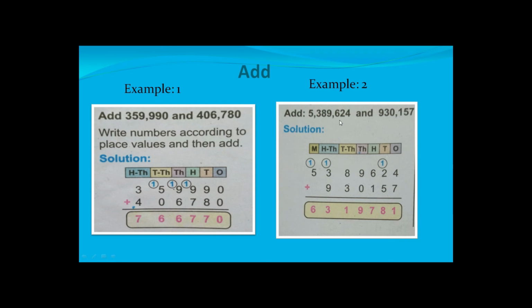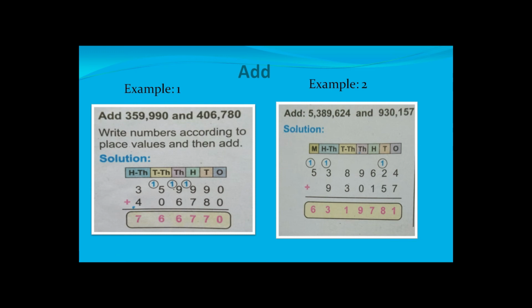Second example, how many digits are there? There are 7 digit values. Add this value and that value, and here there are 6 digit values. So this sum resembles the sum which I have explained earlier.